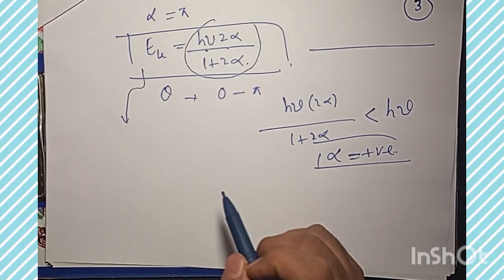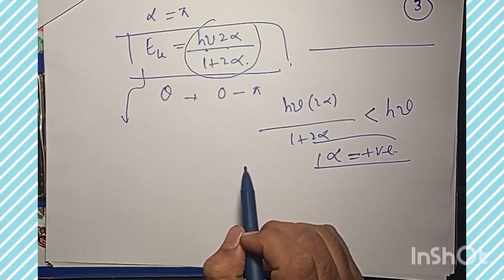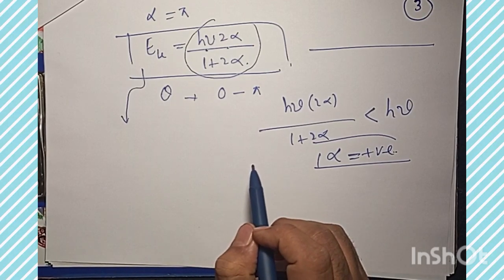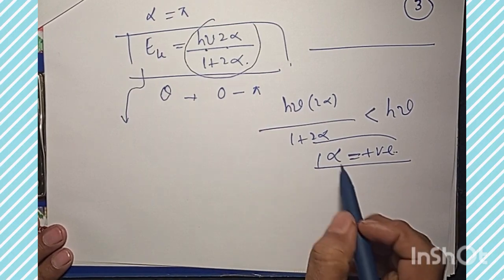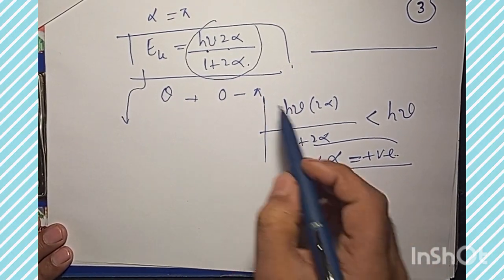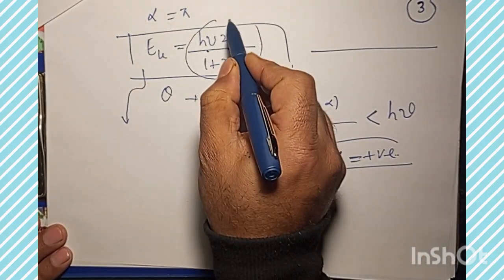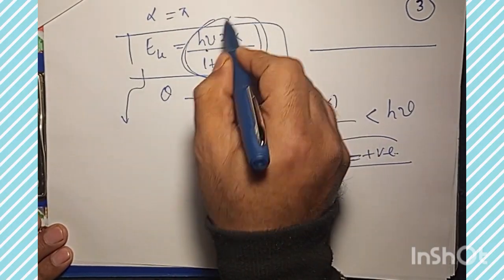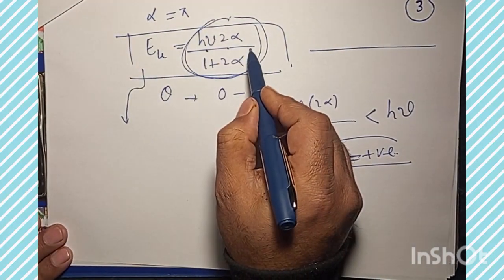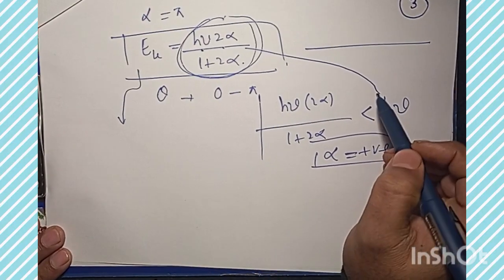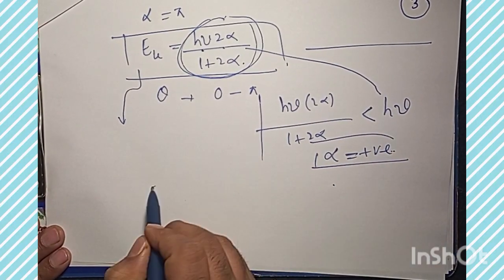We can understand from this equation that it's not possible for the photon to transfer all of its energy to the electron, because this value is less than h nu since alpha is positive.